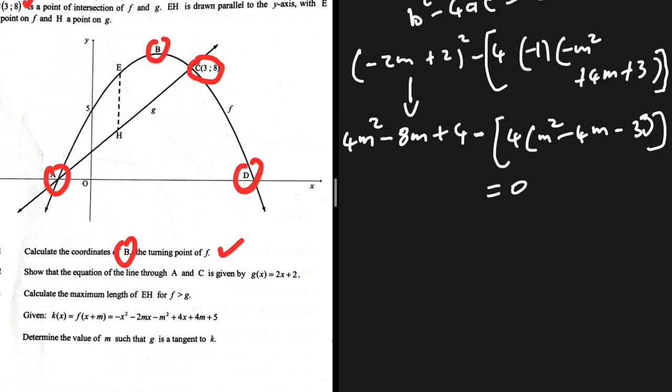So 4m squared, I'm still solving what is inside the brackets there. So 4m squared minus 8m plus 4 minus what is inside the bracket.